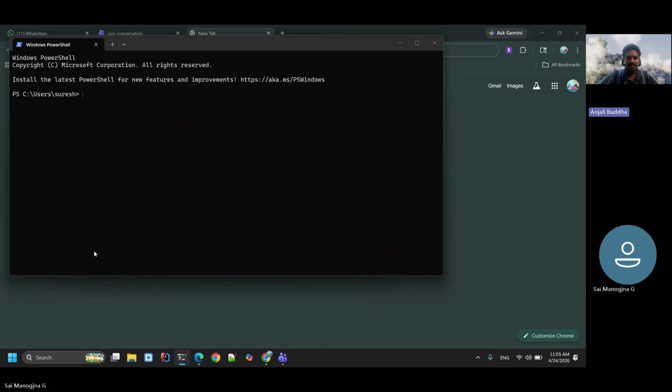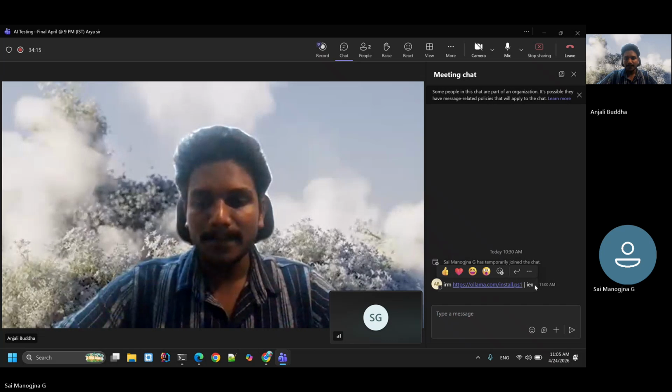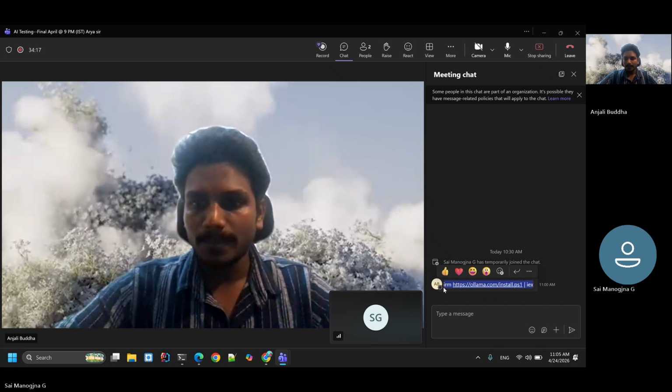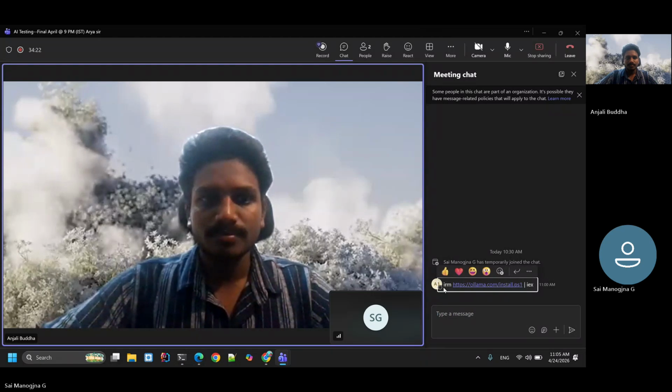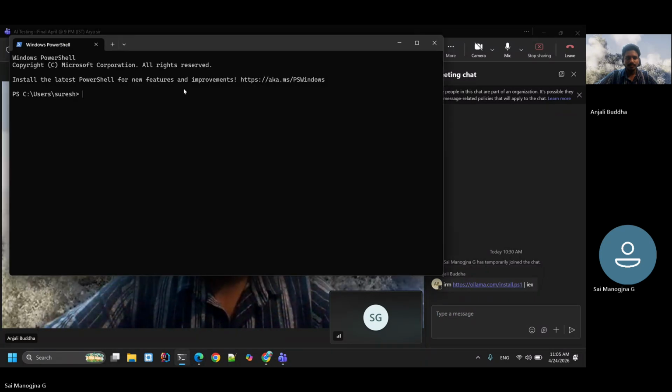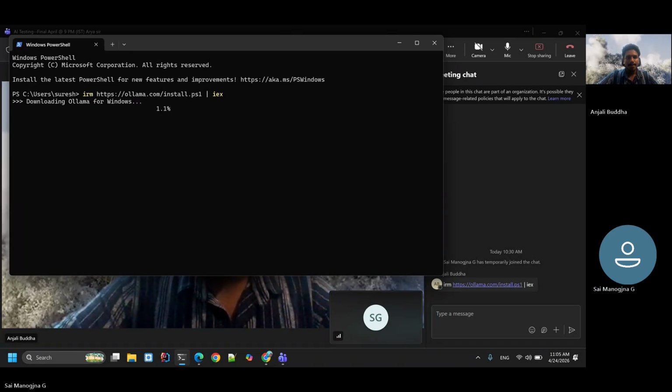Now paste the whole message which I have sent you. Enter. Just enter. So now it is downloading Ollama.